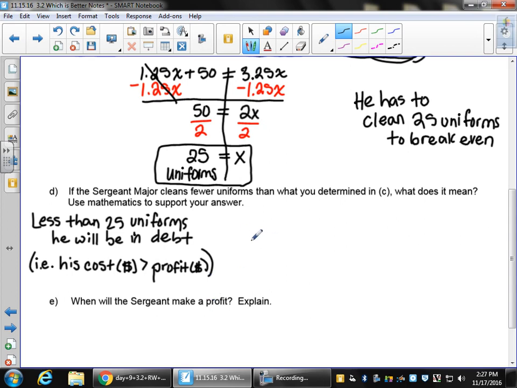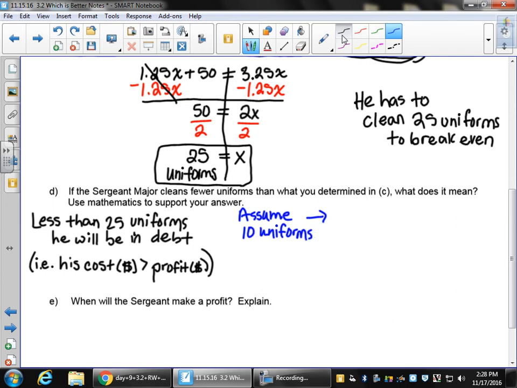So let's pick a nice number for less than 25. Let's assume 10 uniforms. And you can pick anything less than 25. I'm using 10 because it's a nice number to work with.